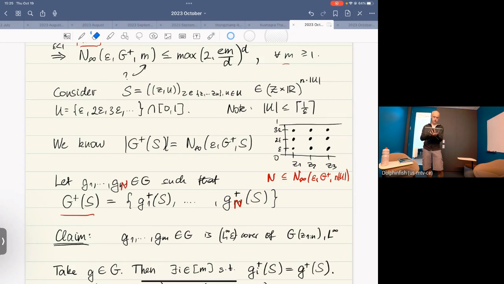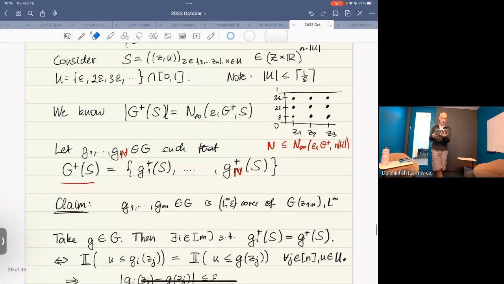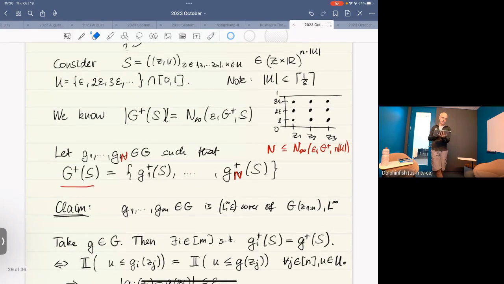These are my functions G1 to GN, but they're actually functions in G, because every subgraph function is obtained by taking a function in G and applying the subgraph transformation on it. So there exist G1 to GN, with N satisfying this inequality, such that all the behaviors at S are exposed by just considering these functions.